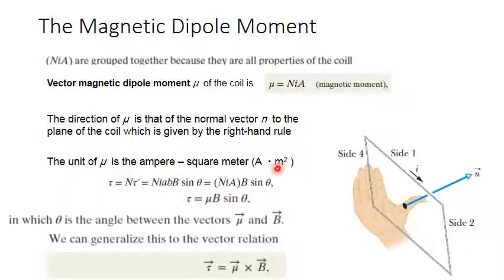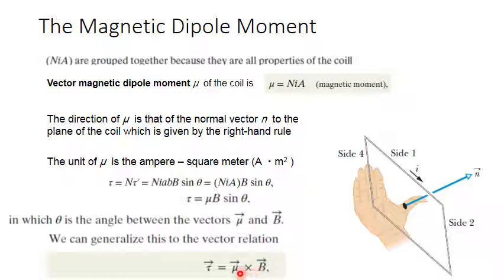Now according to this, the total torque in a loop would be NIA multiplied by B multiplied by sin theta, which can be simplified to mu multiplied by B multiplied by sin theta. Or in vector product terms, the torque equals the vector product mu cross B.